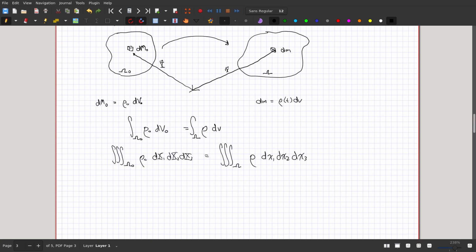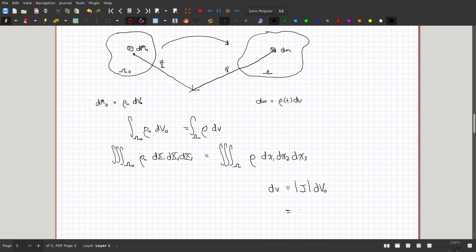Just notice that going from this volume to that volume is just a change of coordinates, in the sense that I want to go from d little x to d big X. Then little dV is equal to the absolute value of the Jacobian determinant times dV0.